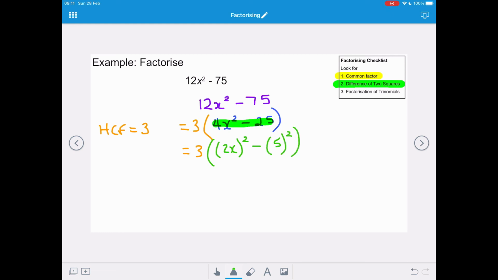So our complete factorization is going to be our highest common factor 3, times the first bracket, which will be 2x minus 5, and our second bracket will be 2x plus 5, and that's our factorization of 12x squared minus 75.